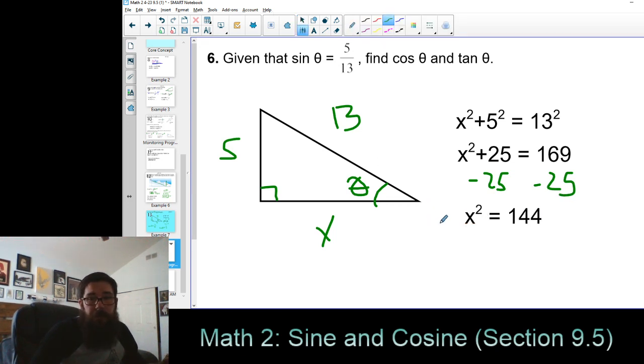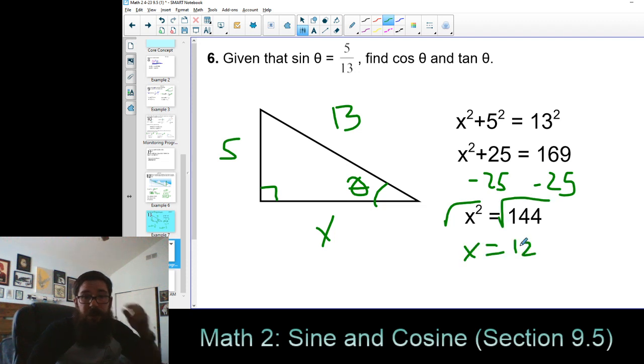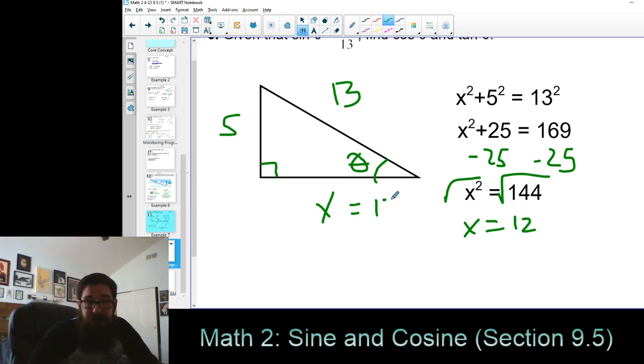Take the square root of both sides. The square root of 144 is going to give me 12. And these are nice, pretty Pythagorean triples. If we give you one that's not a Pythagorean triple, think about everything we talked about in the previous weeks. It's the same skills, we just have to put them all together. You can leave a square root like that. We talked about how to clean up square roots, and don't leave square roots in the denominator. But in this case, I got x equals 12.